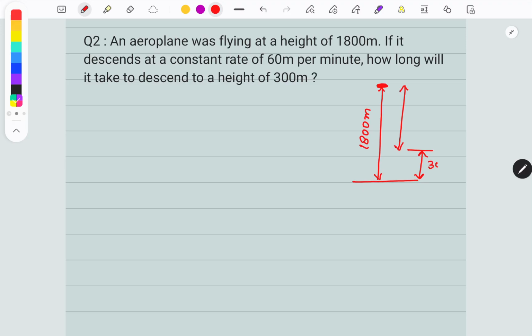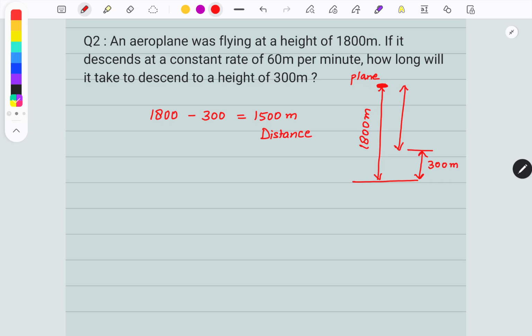How much distance does it wish to come down? We can find out by subtracting 300 from 1800. So 1800 minus 300 gives us the distance, which is 1500 meter it has to cover.